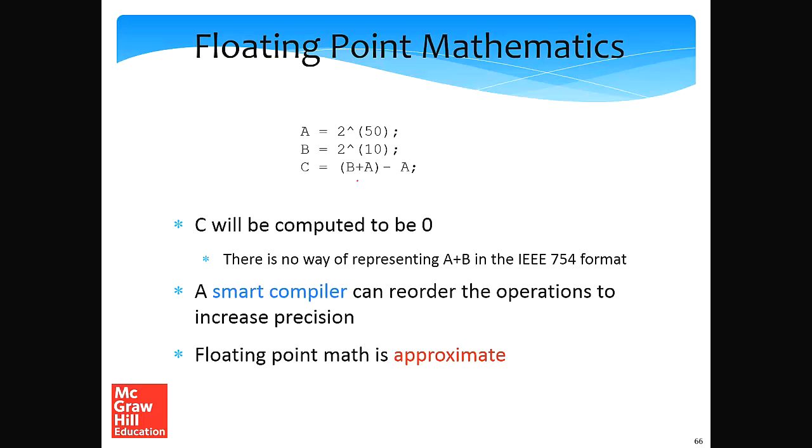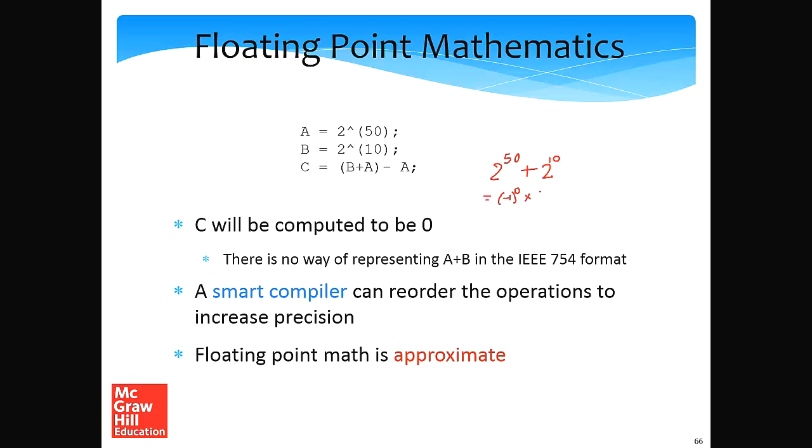So if we add a and b, we are essentially adding 2 raised to the power 50 plus 2 raised to the power 10. If we do this, the result would look something like this: the sign bit will be 0.